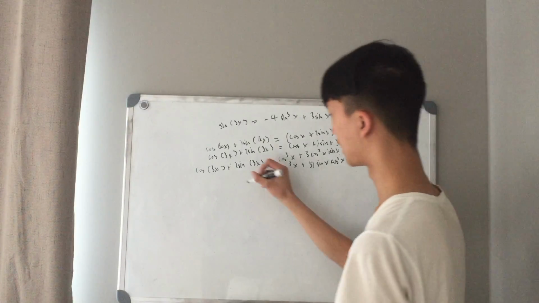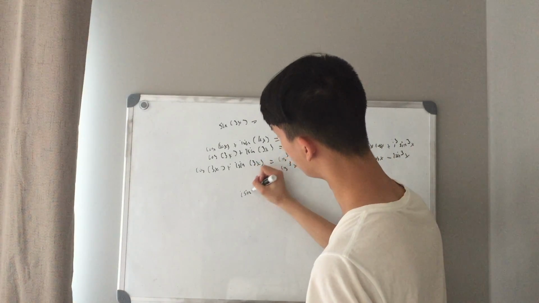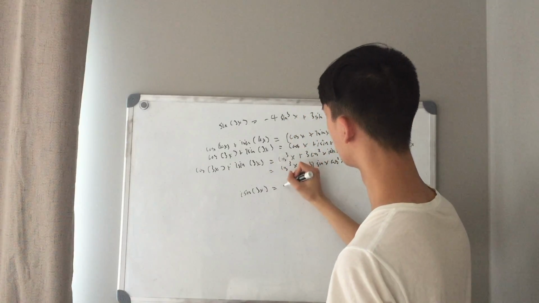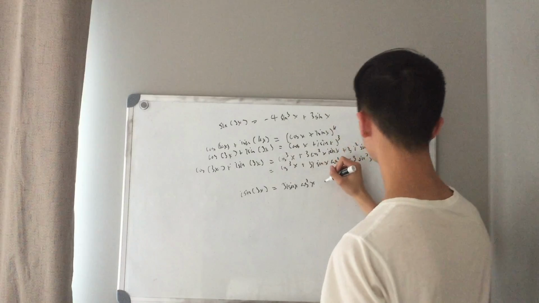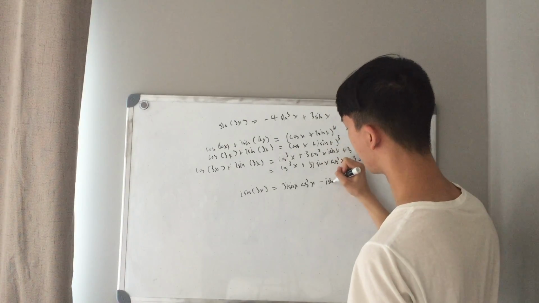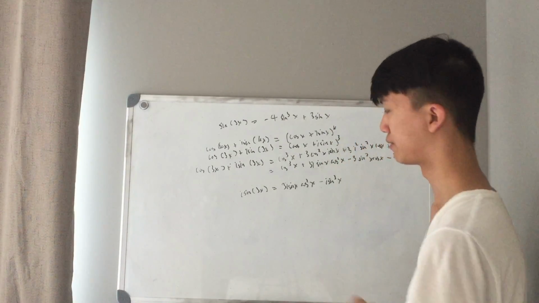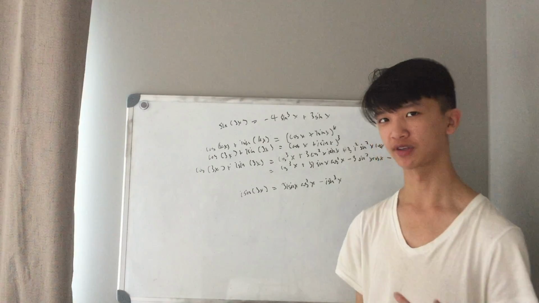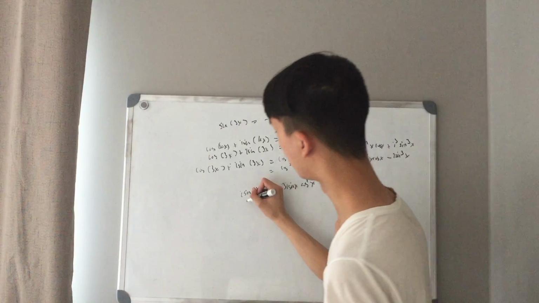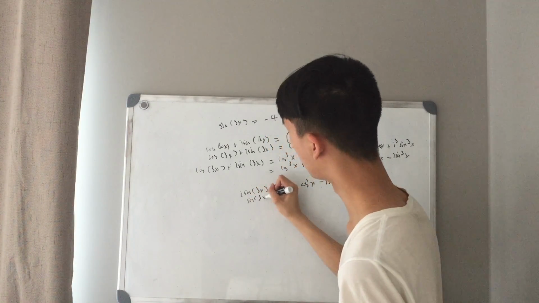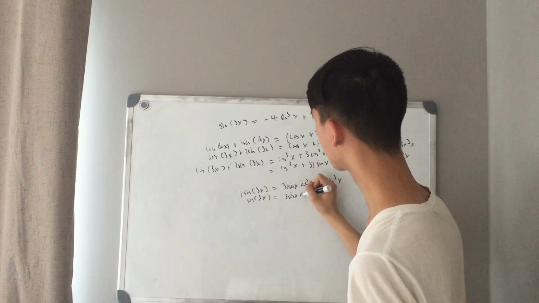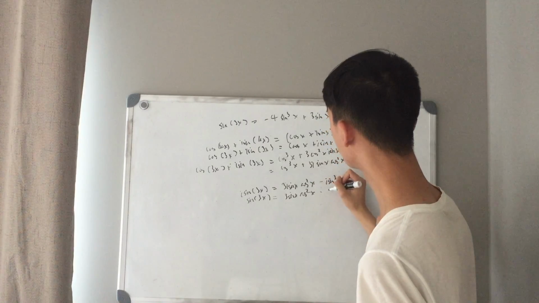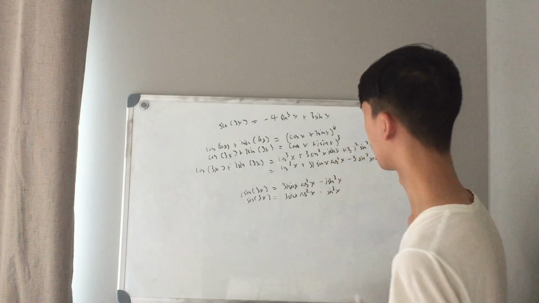So instead, we get i sine of 3x is equal to 3i sine x cosine squared x minus i sine cubed x. Now we can cancel out all the i's since i is obviously not equal to 0. So we have sine of 3x is equal to 3 sine x cosine squared x minus sine cubed x.